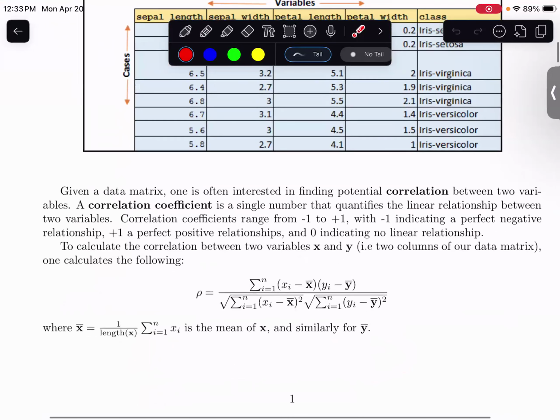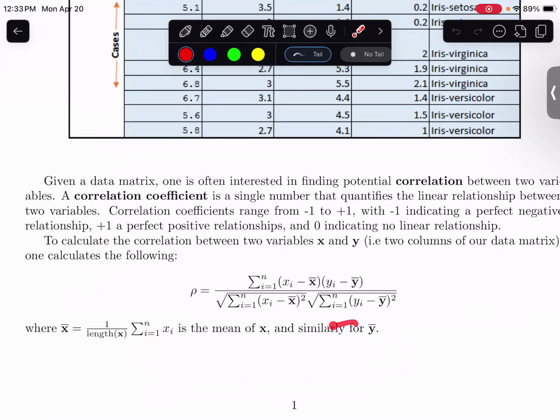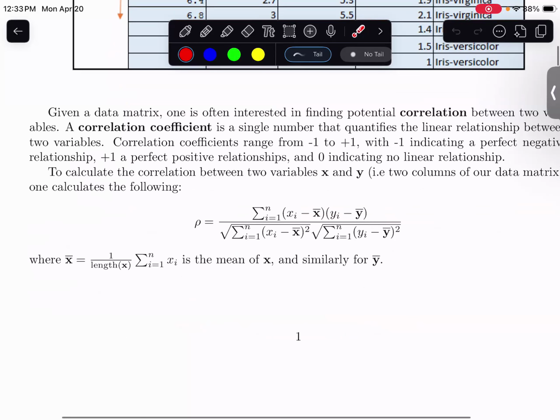The formula for correlation is given by the following quotient. It looks really bad because you have sums and square roots. But the first thing we're going to do is translate this equation into something that looks a lot easier using things that we already know, and then extend those ideas to linear algebra.